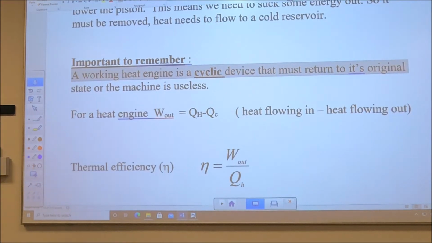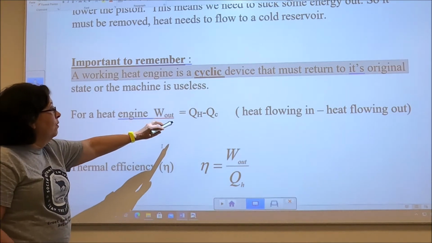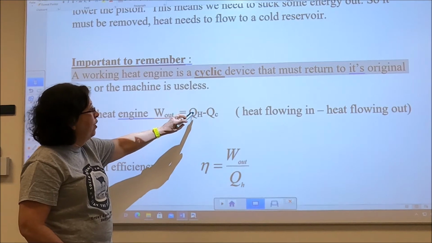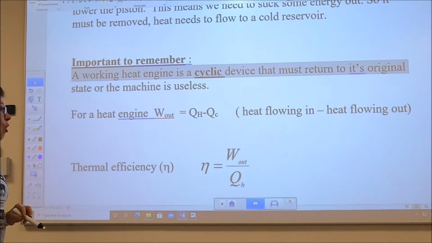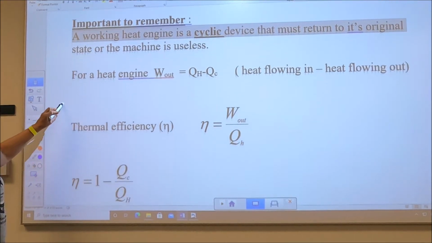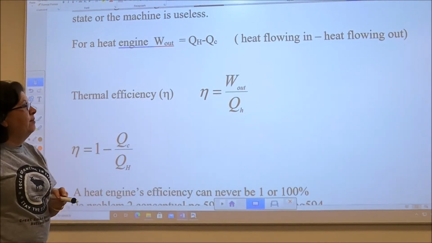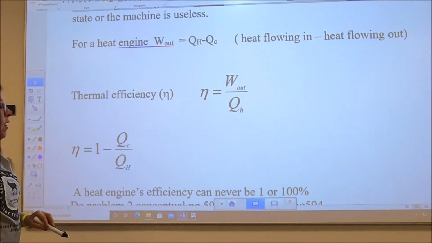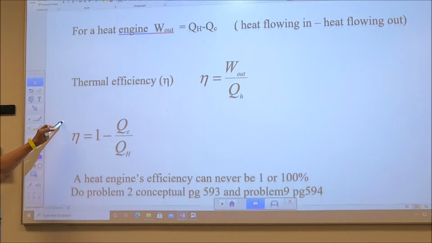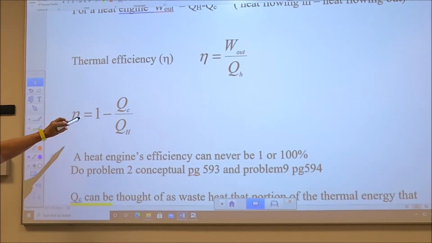A working heat engine is a cyclic device that must return to its original state or the machine is useless. For a heat engine, work out is always the difference between energy flowing in from the hot reservoir and heat flowing out to the cold reservoir. The thermal efficiency, eta, of a heat engine is always equal to work out divided by QH, and we can calculate eta as 1 minus QC over QH.